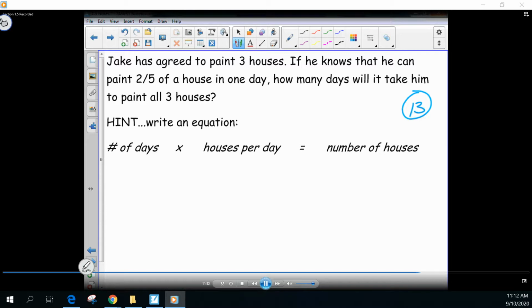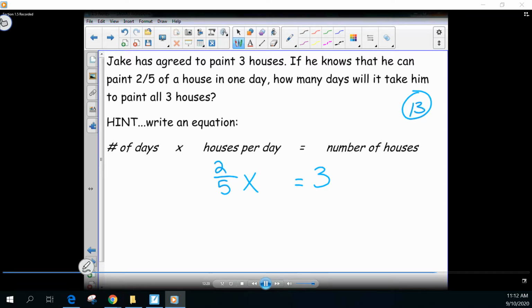He knows that he can paint 2/5 of a house in 1 day. How many days will it take him to paint all 3 houses? So our total would be 3, and he paints 2/5 of a house in 1 day. So our number of houses is 3, and he paints 2/5 of a house per day. So we would write the equation 2/5 x equals 3, and then we need to solve that.